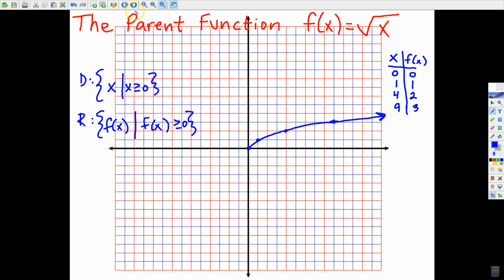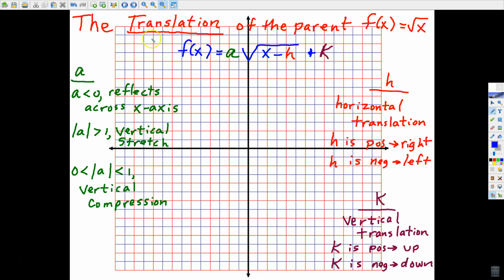Well, now let's take it one step further. What do we do when we translate or transform the parent function f of x is the square root of x? Okay, and so you might want to pause at this point because there's some important information on this slide that you need to capture. And I've just color-coded it.